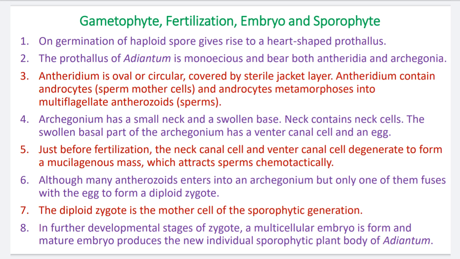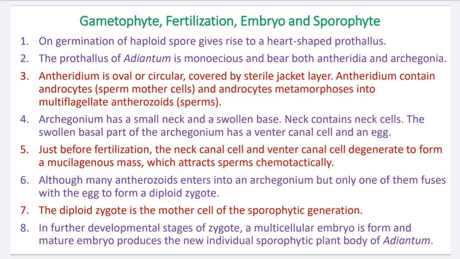Number 8, in further developmental stages, the zygote goes through cell division and forms the multicellular embryo. The multicellular embryo produces the new individual plant body of the adiantum.